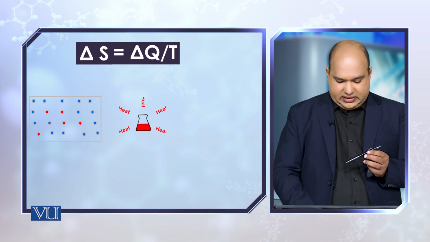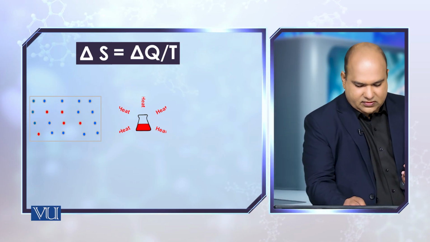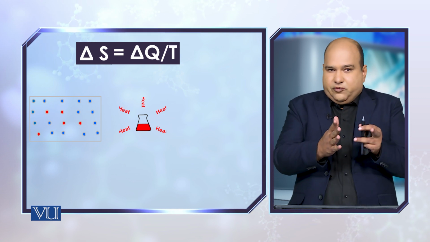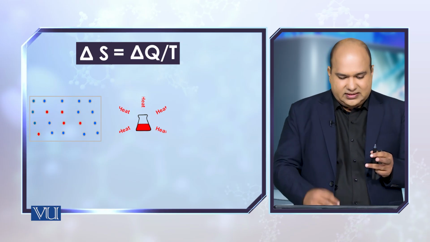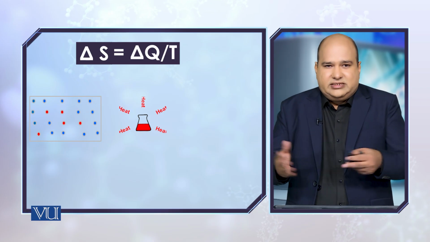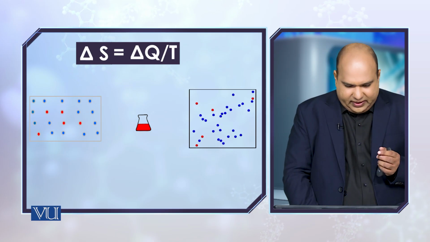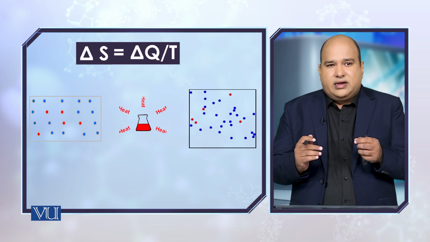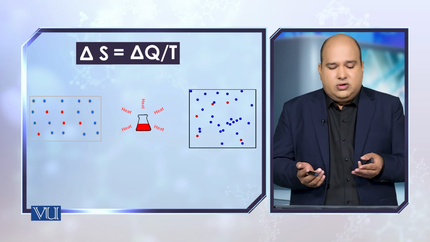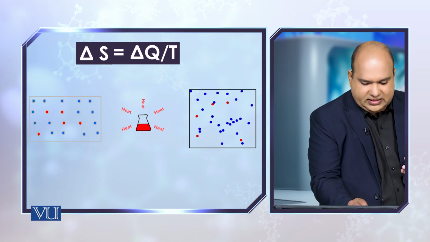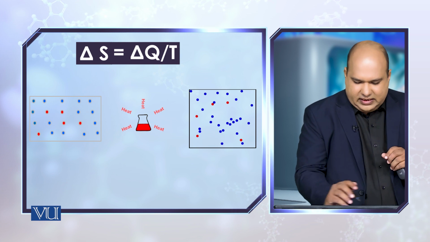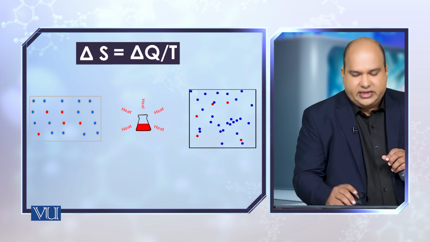You can see this in the figure: a system composed of molecules which are very uniformly arranged, and once the system is releasing heat, the molecules' kinetic energy increases tremendously and they are in chaos. Here they are in a uniform, smoothly placed condition, and here they are in chaos.